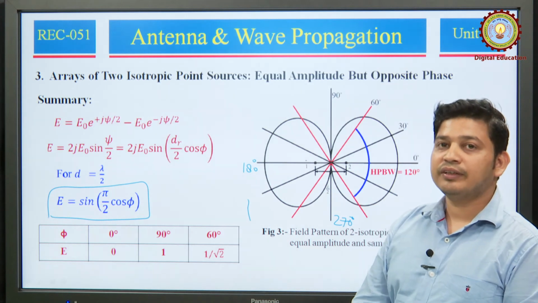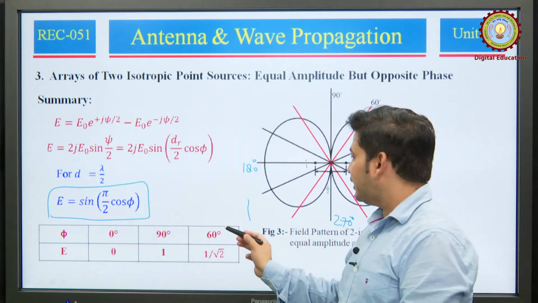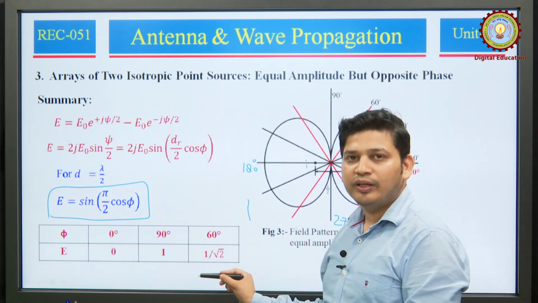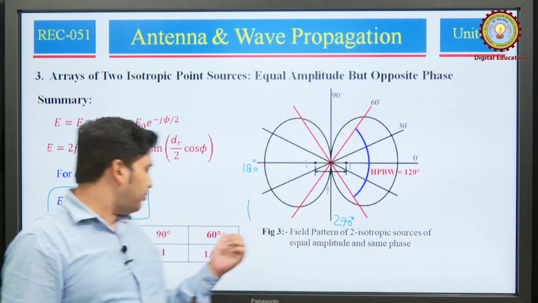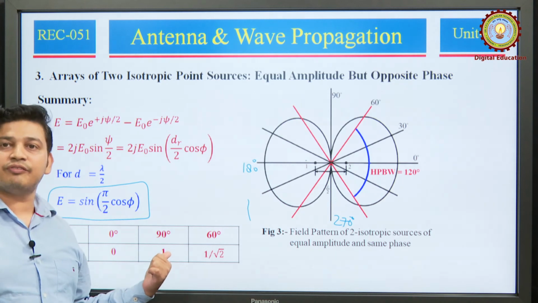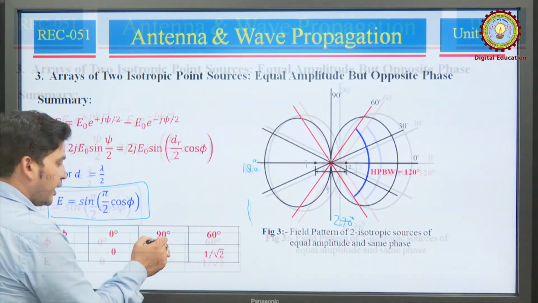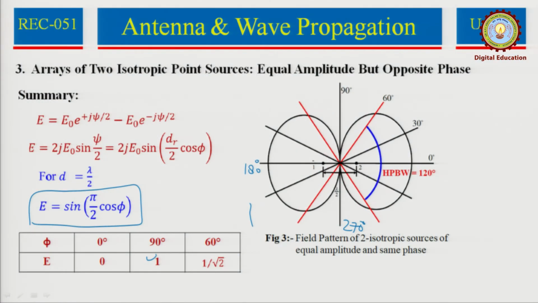The same function we have discussed, and we can see the half power points at 60 degrees, 1 by root 2. Maxima is 1, minima is 0: sin 90 is 1, remember this, sin 90 is the maximum value, sin 0 is the minimum value, and for the half power points at 60 degrees, sin 60 is nothing but 1 by root 2. So, this is all about opposite phases.